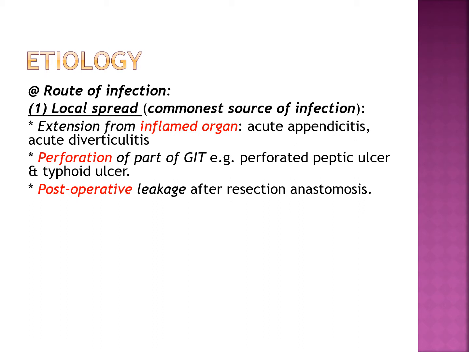Or it can, as we have mentioned before, ascend from the female genital tract, through the fallopian tube, but this is a very rare entity, and it is seen only in females.